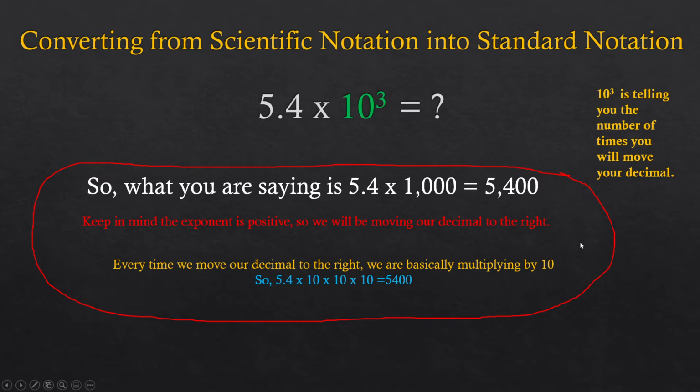So basically what you are saying is 5.4 times 1,000 equals 5,400. Keep in mind the exponent is positive, so you will be moving the decimal to the right side. And every time you move the decimal to the right side, you are basically multiplying by 10. So 5.4 times 10 times 10 times 10 equals 5,400.